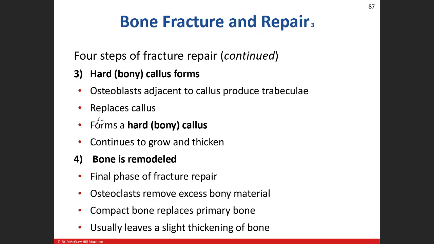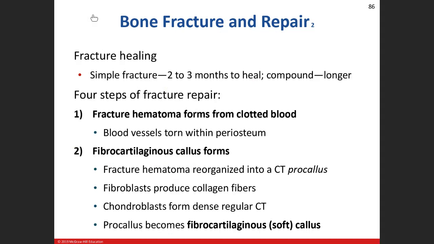All right, so that's the first phase there, okay? So we start to see the blood infiltrate the area, okay? So now what we're going to do is, and again, we've seen this, it's very similar. We get what we call the fibrocartilaginous callus, okay? So now we're going to start to get the formation of that early, not so much bone tissue, but cartilage tissue.